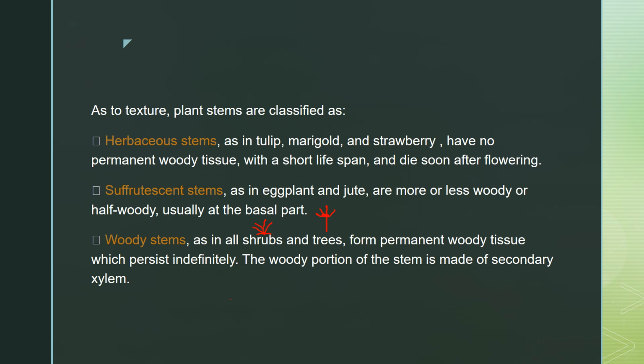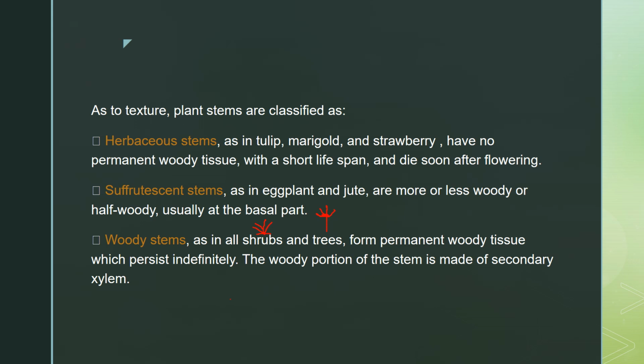But on the shrubs there is no crown, just the branches arising at the ground level, as you see in this. So the woody stems, you can find them in the shrubs and also in the trees.